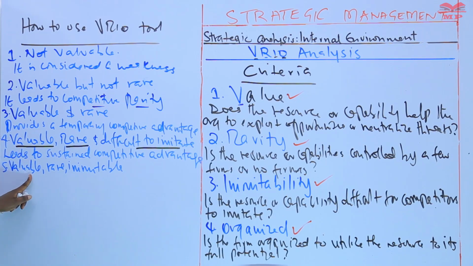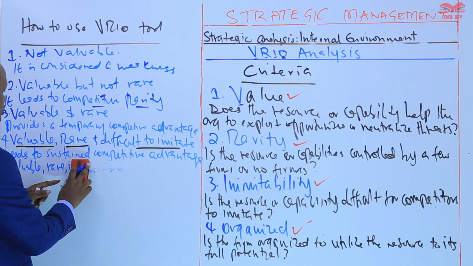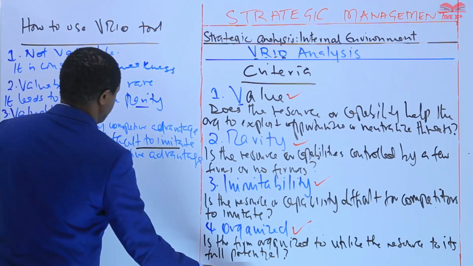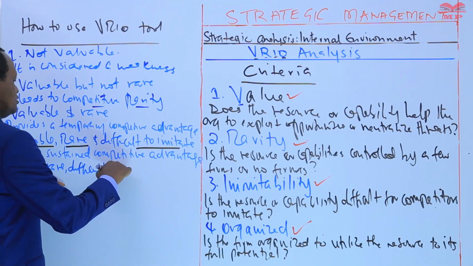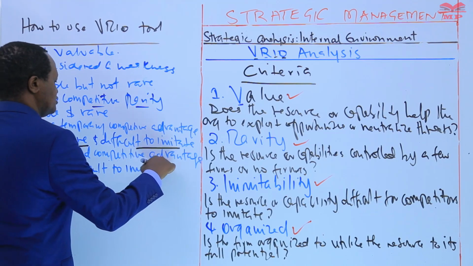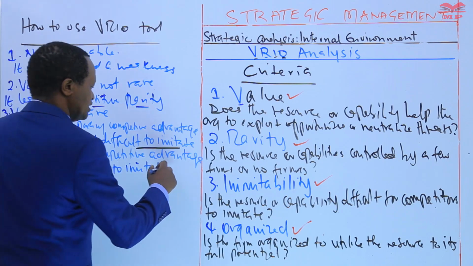It can be valuable, rare, and difficult to imitate. A resource can be valuable, rare, it can be difficult to imitate, and the firm is organized to exploit it.